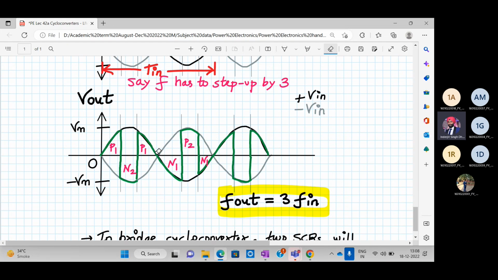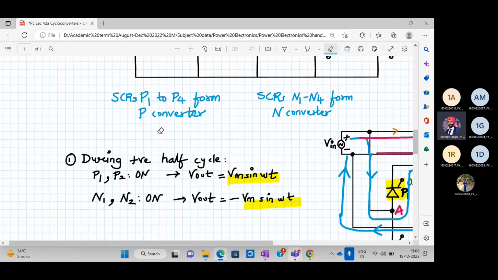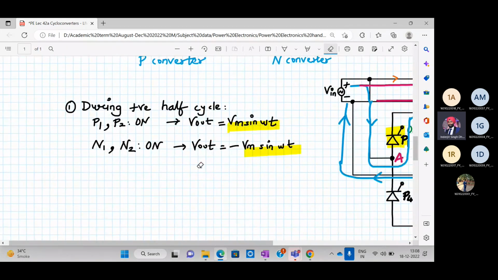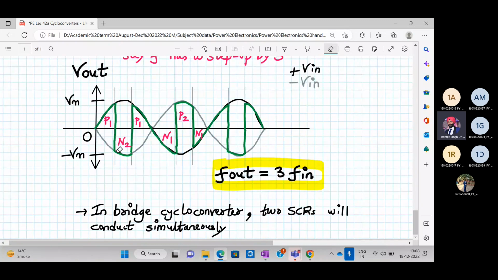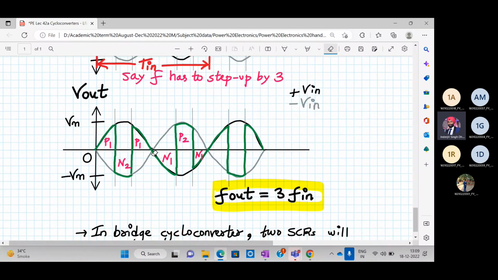When N2 is conducting, output will be negative, minus Vm. Then again P1 conducts. Then N1 conducts in a negative half cycle, and then P2, and then N1 again, and the same story will repeat. So as you can see, you are getting a higher frequency at the output, 3 times the higher frequency. This is how the circuit functions.